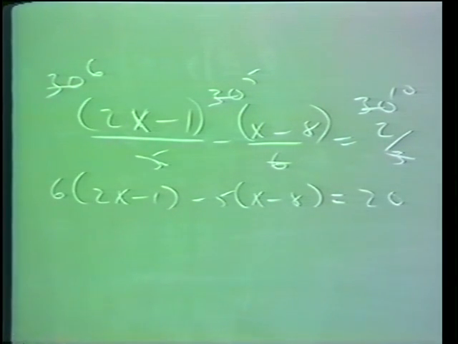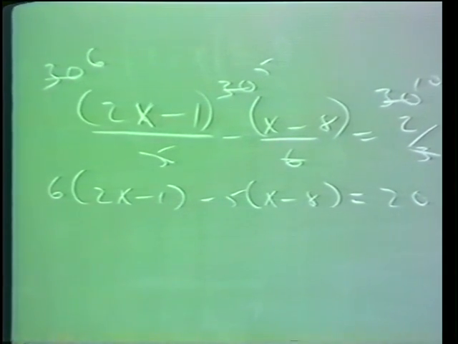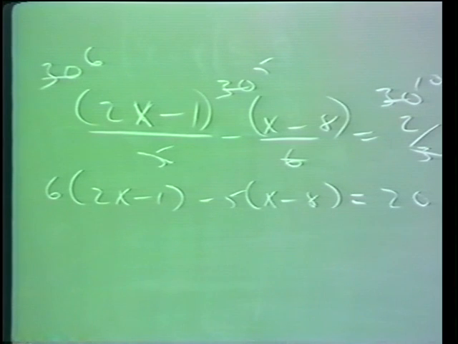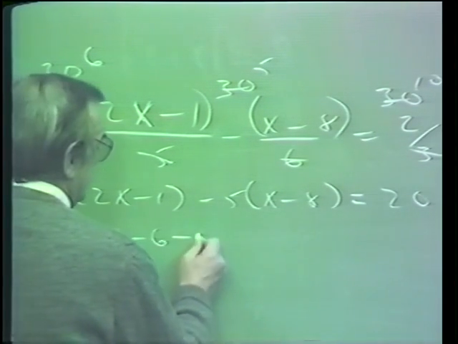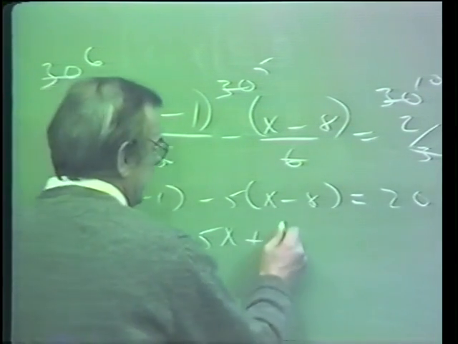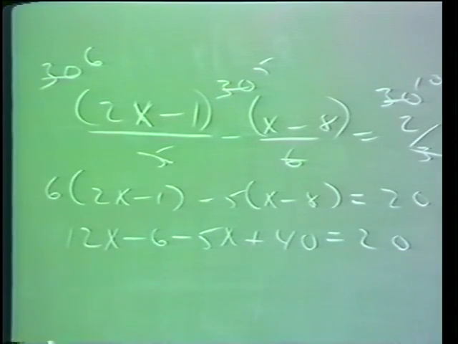And there we have an equivalent equation without fractions. The second step is to clear parentheses. Well, we have parentheses. We multiply through, we have 12x minus 6 minus 5x plus 40 equal 20. And there the parentheses are removed.